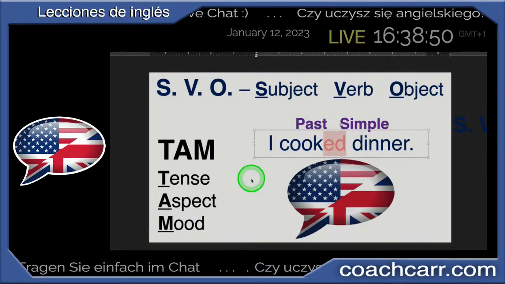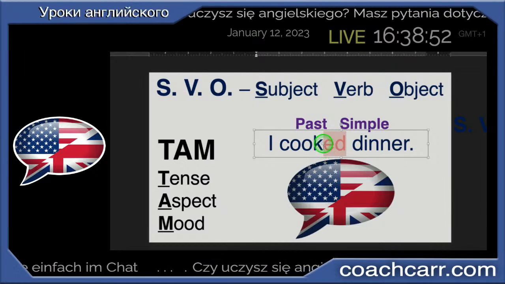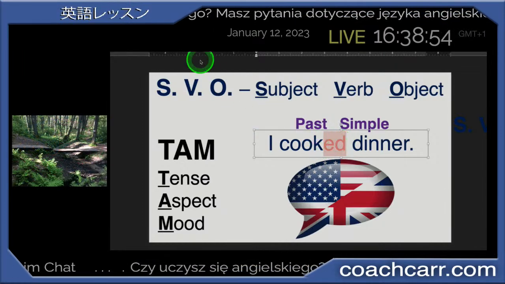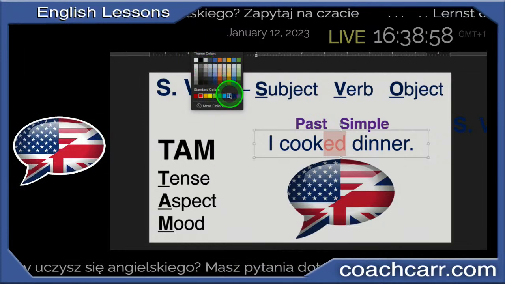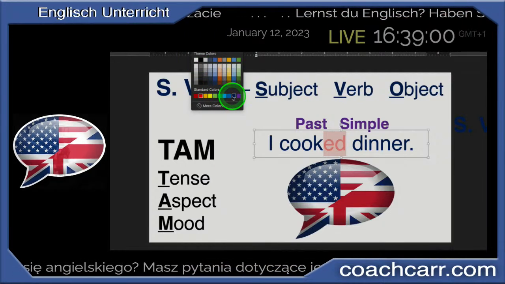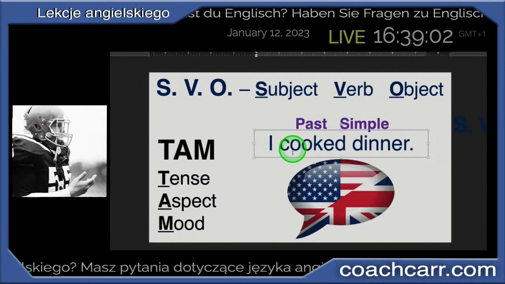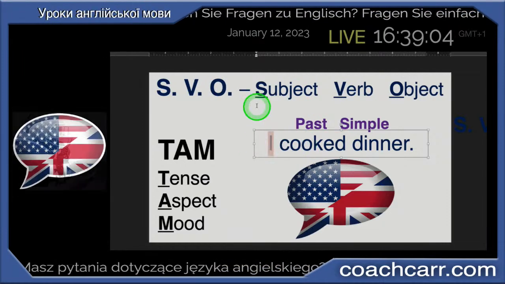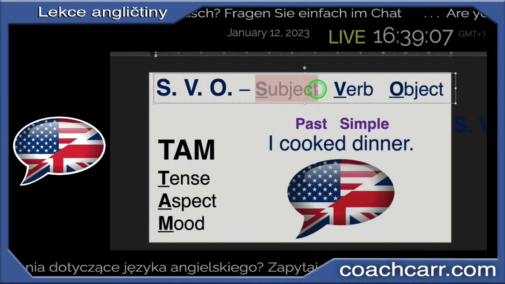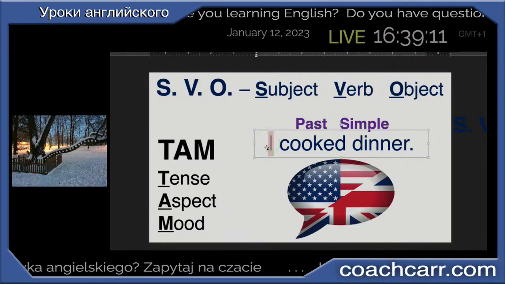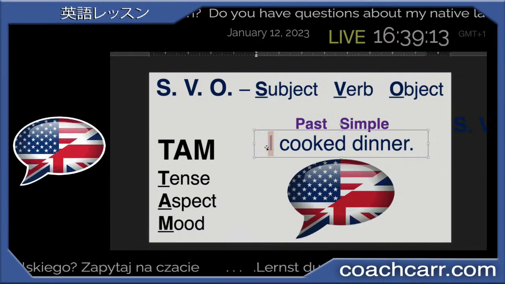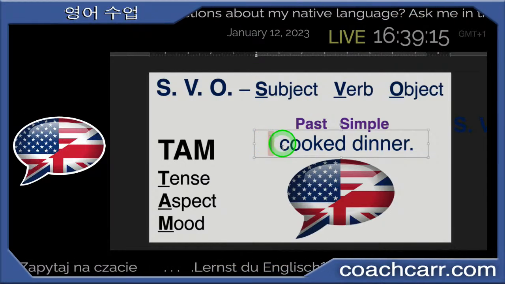And here in English, we kind of need, not always, but mostly, to put the pronoun to explicitly say the subject. Well, definitely if it's for the first person. I cooked dinner.